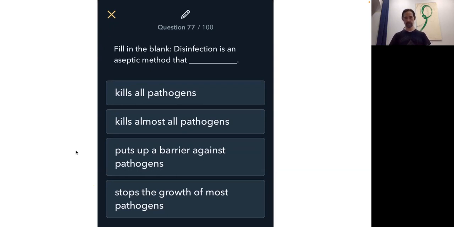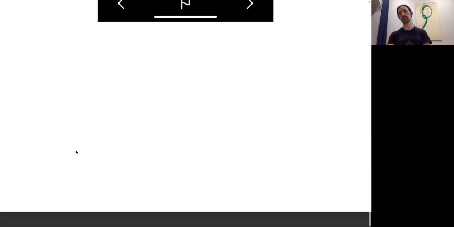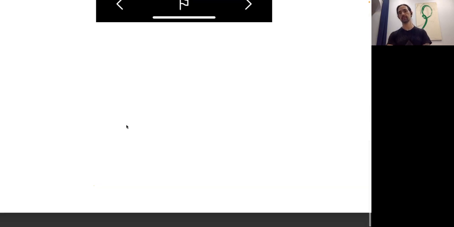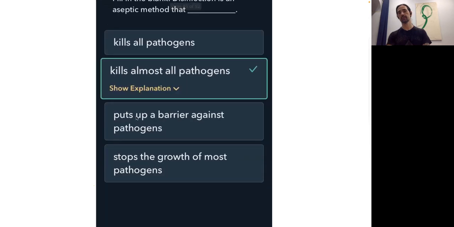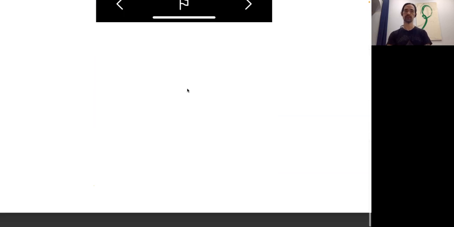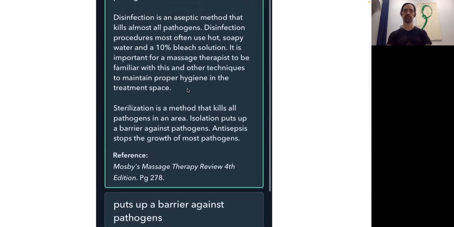Fill in the blank. Disinfection is an aseptic method that what? Kills all pathogens, kills almost all pathogens, puts up a barrier against pathogens, stops the growth of most pathogens. The answer is that disinfection kills almost all pathogens, and here's an explanation for each one, which is good.